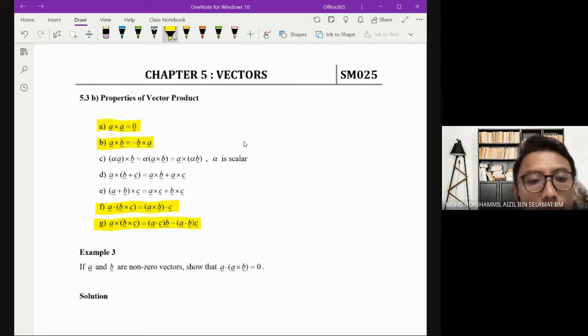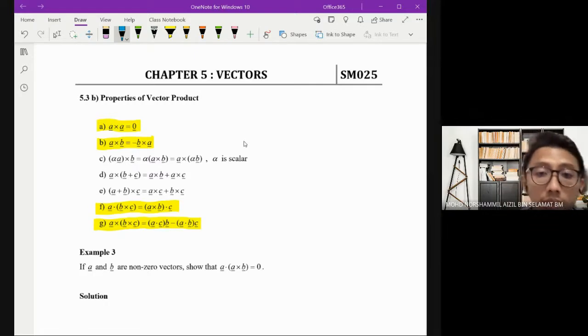Benda-benda ni kalau nak proof dia, kita kena proof by example. Kalau ada example, ada dia bagi vektor A, vektor B, vektor C, kita boleh buat dia dapat belah kiri apa, dapat belah kanan apa, jawapan akan sama. Menunjukkan properties tu betul. Okey, kepada insan-insan yang dia nak tahu macam mana wujud benda-benda ni, kita boleh guna proof by example.